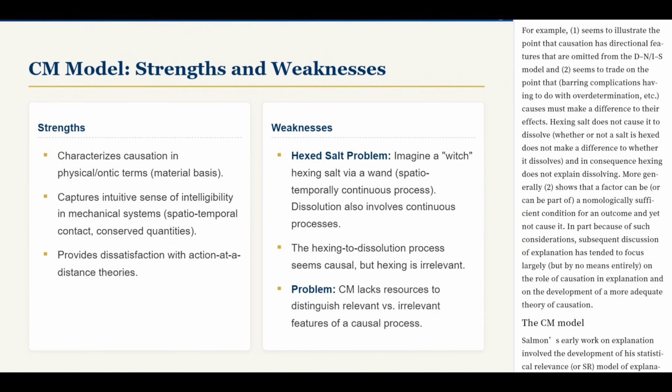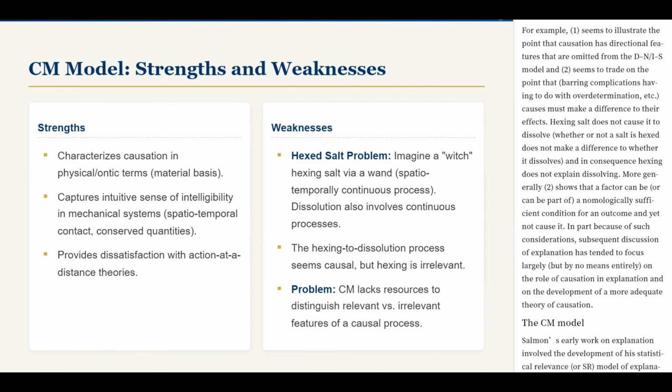Consider the hexed salt problem again, but this time viewed through Salmon's lens. Imagine a witch waving her wand over the salt, hexing it. This wand motion and the subsequent hexing could be seen as a continuous causal process. Dissolution itself involves continuous processes governed by conservation laws. So, the process from hexing to dissolving seems causal according to CM.